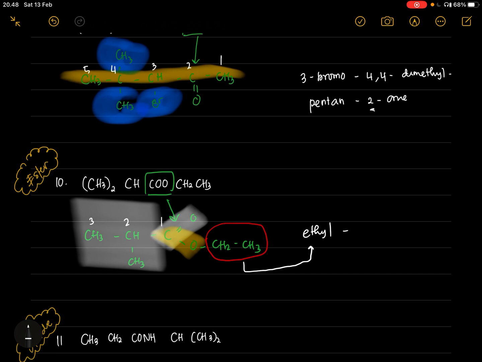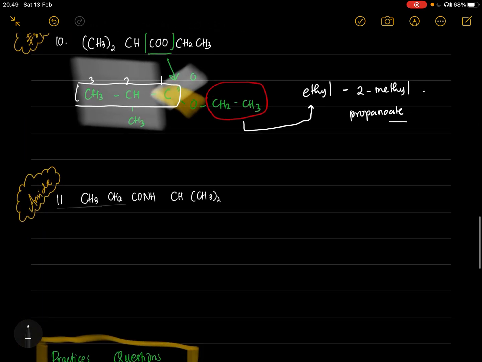So it is named ethyl 2-methyl, and then we have 3 C's in the parent chain, so it is called propanoate. Take note, the ester name ends with -ate. Okay, ethyl 2-methylpropanoate. So this is how you name number 10.